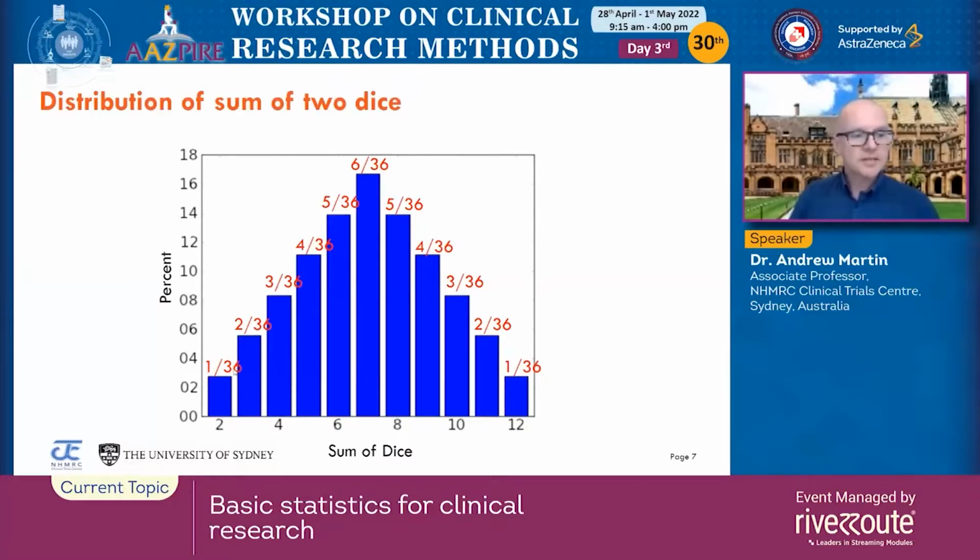And you can see that a score of 6 is the more likely result of rolling a pair of dice, but we could obtain a sum of 2. We could obtain a sum of 12.